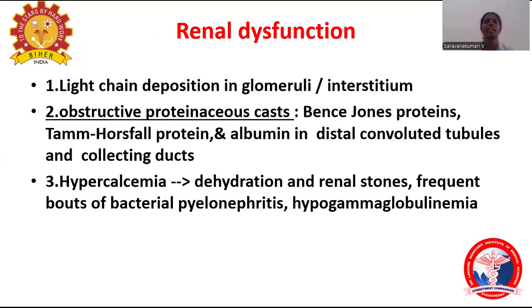Coming to the renal dysfunction. In multiple myeloma patients, renal dysfunction is mainly because of light chain deposition in the glomerulus and the interstitium. Not only that, there are obstructive proteinaceous casts. These casts are composed of Bence Jones proteins, Tamm-Horsfall proteins, and albumin in the distal convoluted tubules and the collecting duct.